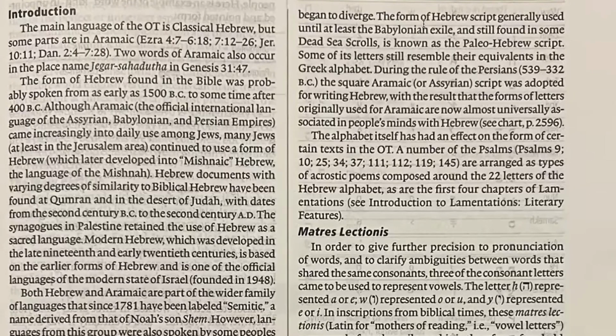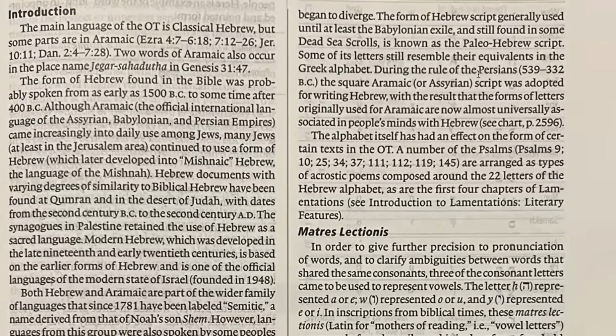The form of Hebrew script generally used until at least the Babylonian exile, and still found in some Dead Sea Scrolls, is known as the Paleo-Hebrew script. Some of its letters still resemble their equivalents in the Greek alphabet.